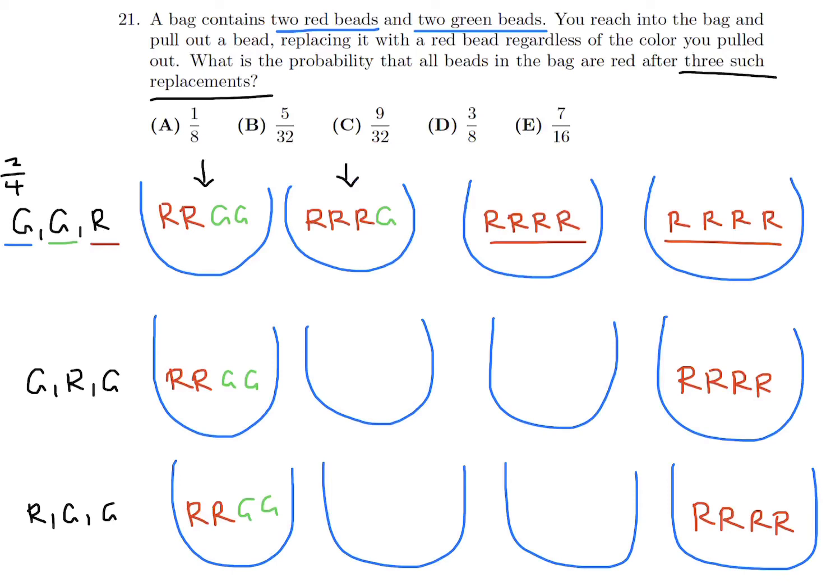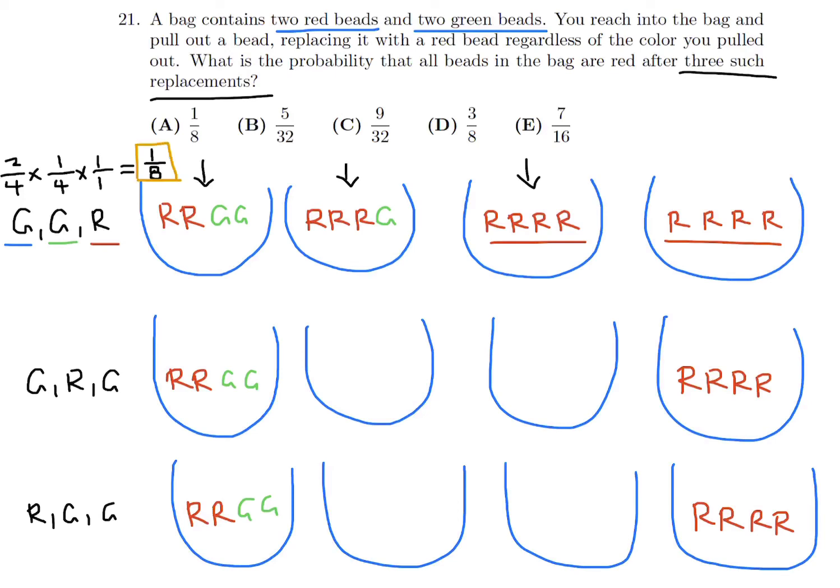Then when you get here, what is the probability you're going to choose a green? Well, there's only 1 now out of the 4. And then when you get here, what's the probability that you're going to choose a red? Well, 1 out of 1. And you multiply those to get the full probability, and that looks like 2 over 16, which is 1 over 8. Okay, so that's the first probability.